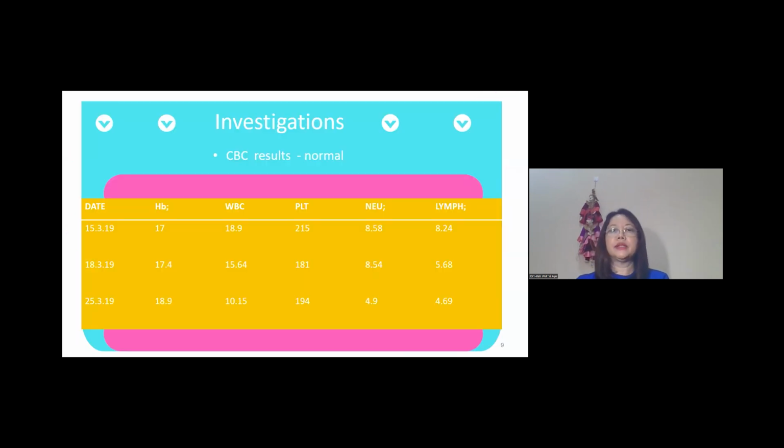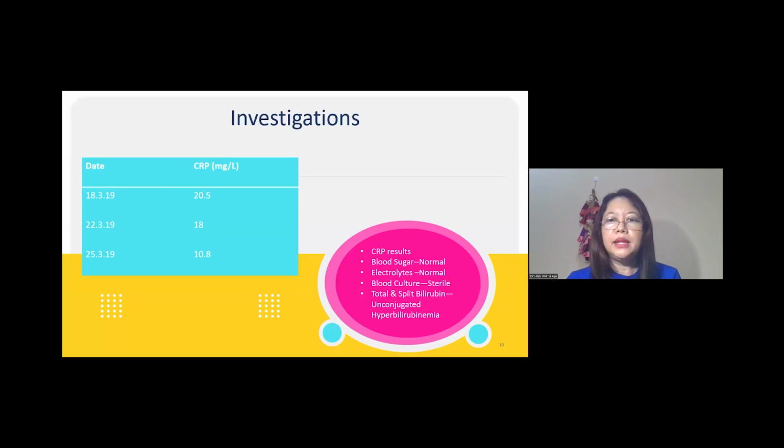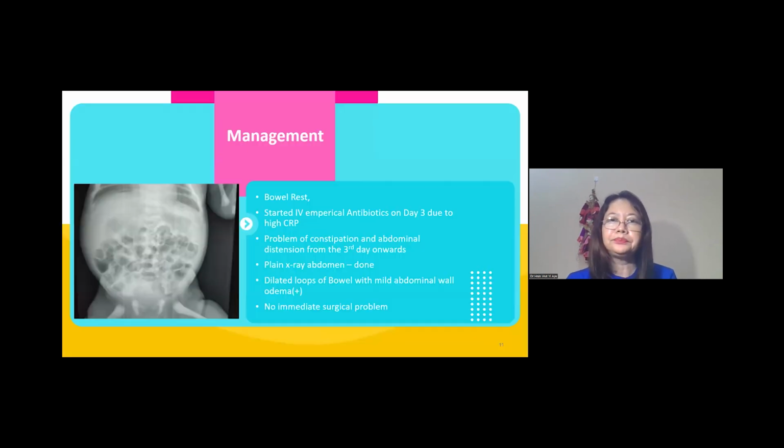We did some investigations. Full blood count was more or less normal. CRP, to detect infection because infection is very common in our country, was a little bit high, so we suspected a septic condition. Blood sugar and electrolytes were normal. We did total and split bilirubin levels because of the prolonged neonatal jaundice, and it came out as unconjugated hyperbilirubinemia.